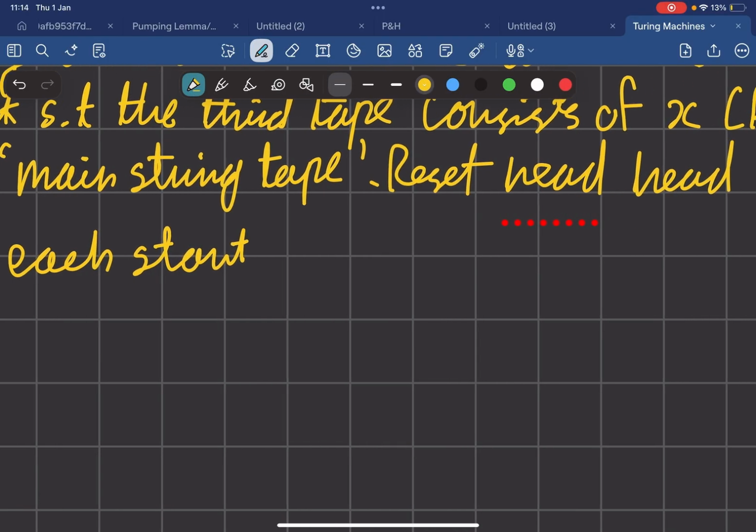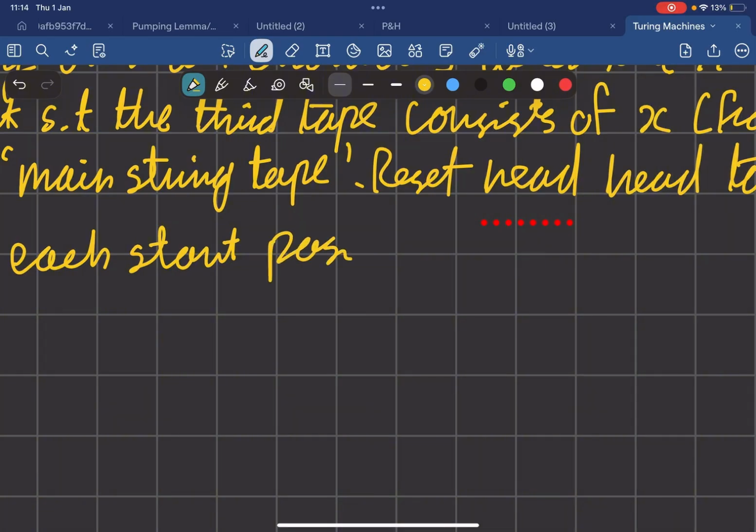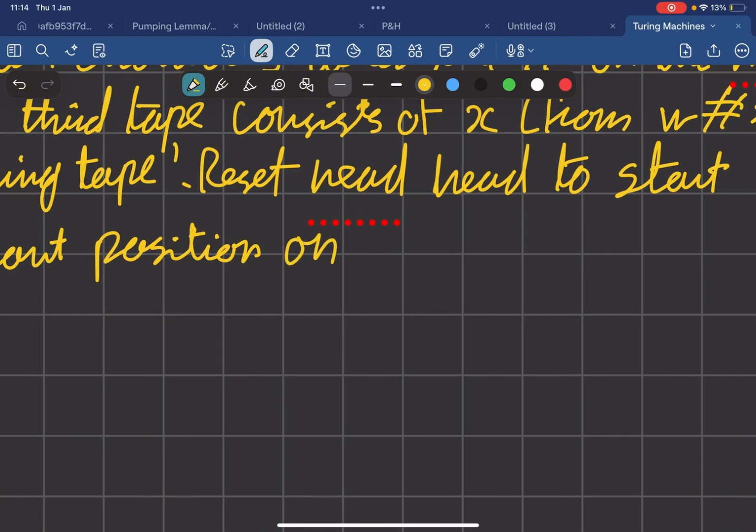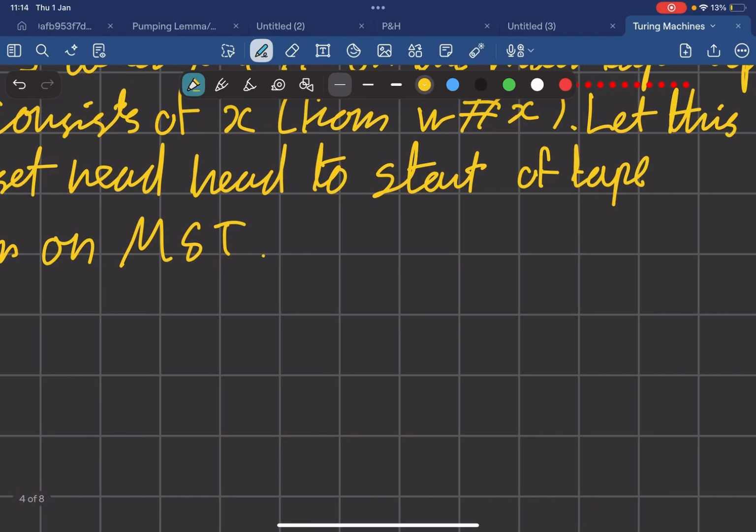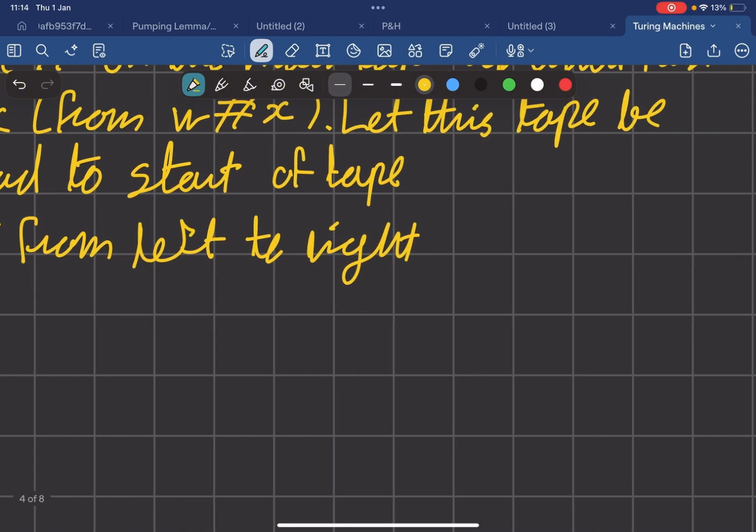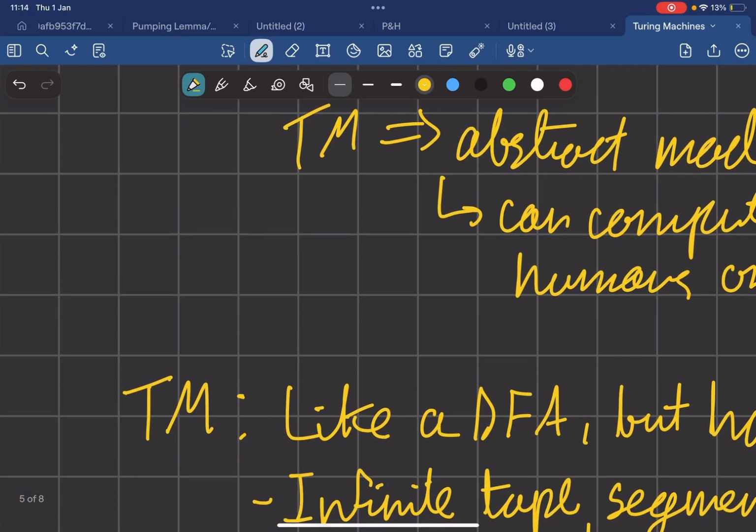So for each starting position on the main string tape, which I'll abbreviate to MST, from the left to the right up until the first blank.